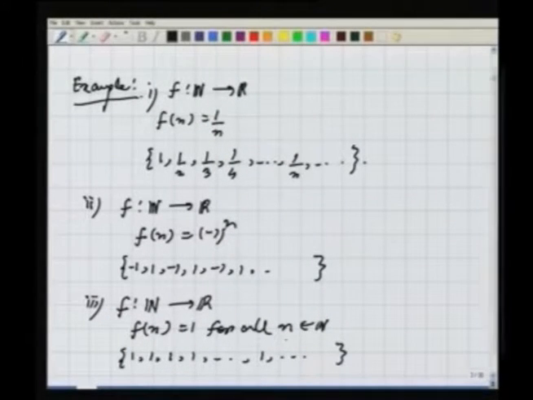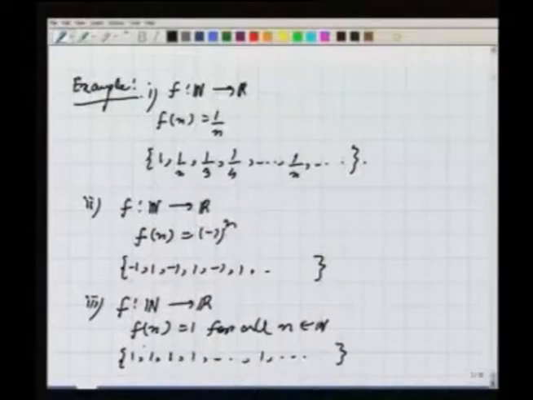One important thing is, since it is a function defined on the set of natural numbers, this representation does not stop at any stage. Whatever stage you take, there is a real number sitting there, which means it goes on. But that does not mean that as a set it is really an infinite set. For example, in example number 3, as a set it is just the singleton set 1, but as a sequence it has an infinite representation.